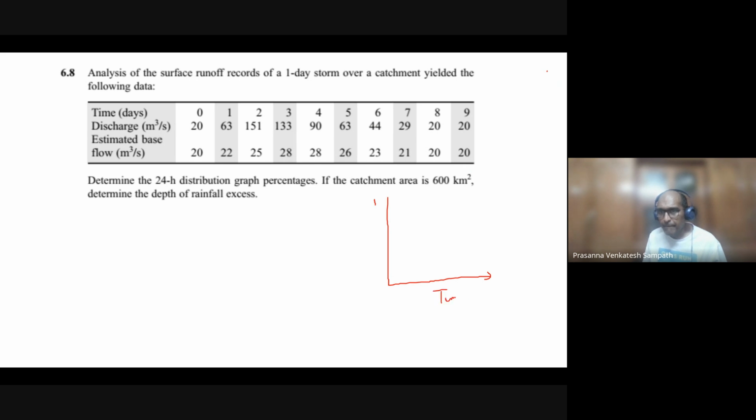Time. Now, in this case, it happens to be days, and my discharge Q. So at t equal to 0, my discharge is 0. At time t equal to 1 day, discharge is 41. So let's say it's something like this.